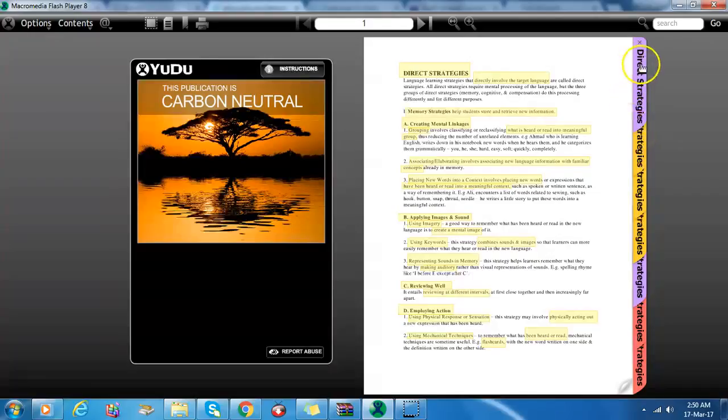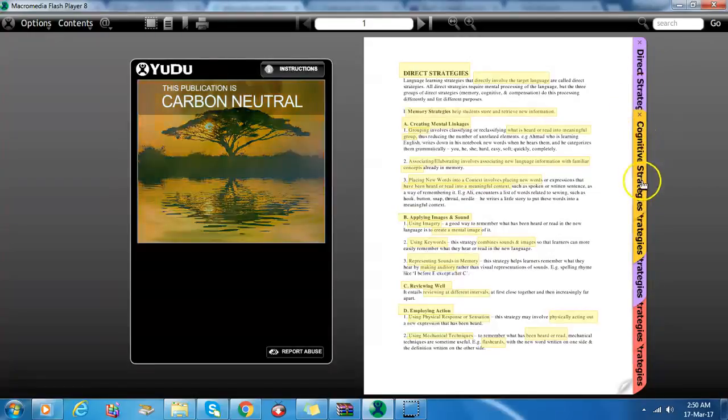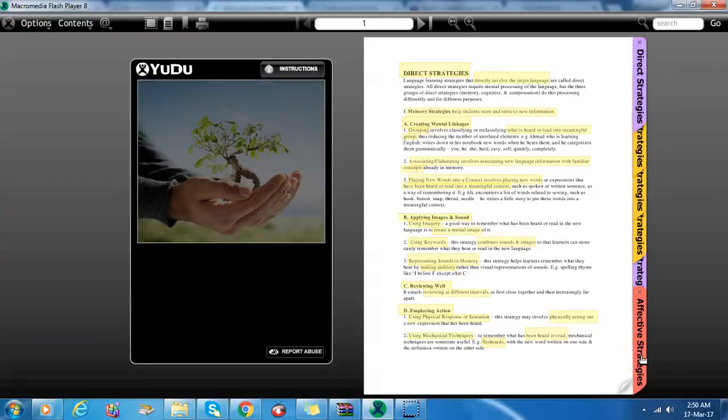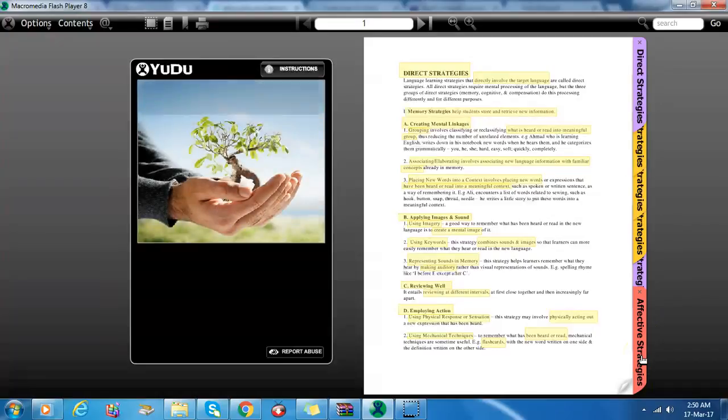Under direct strategies, there are memory strategies, cognitive strategies, and compensation strategies. When you move to the indirect strategies, there are metacognitive strategies, affective strategies, and also social strategies, which I have not done the bookmark yet, because that will be my demonstration later.